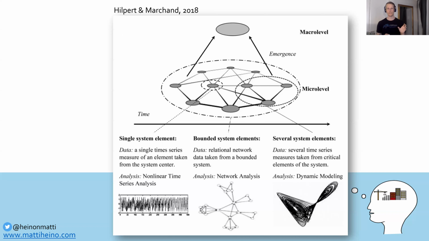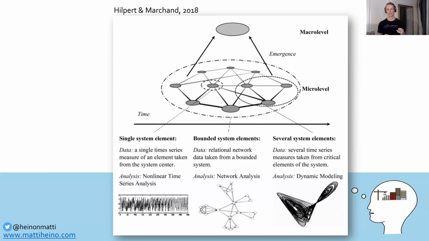Or you can have all the elements of the system, where you can build a relational network from that data, or the data is about the relational network, and the analysis method could be, for example, network analysis.